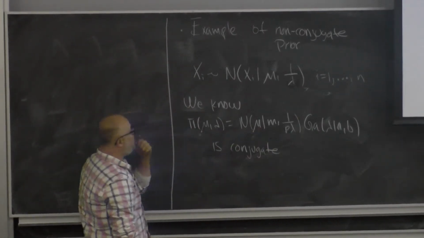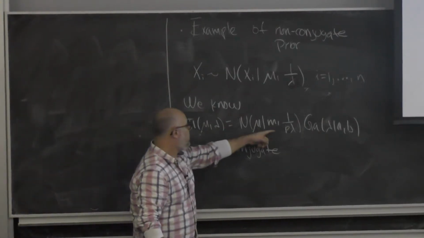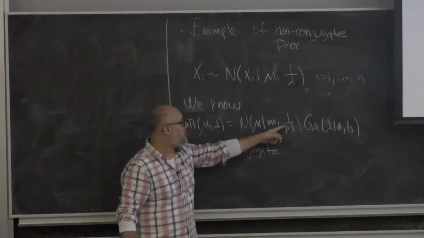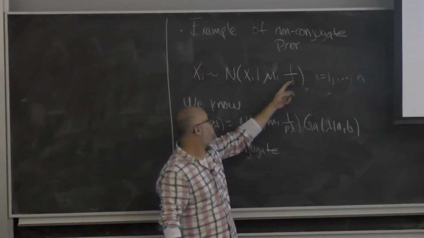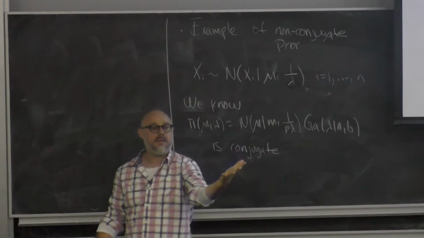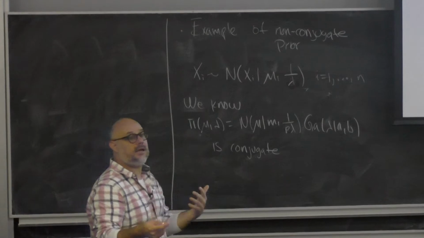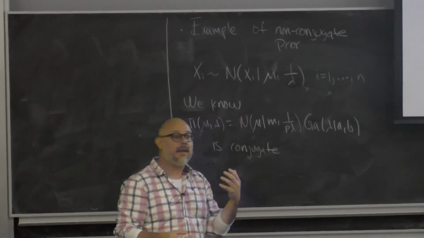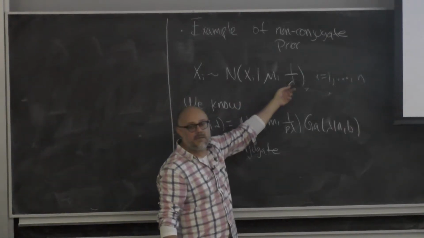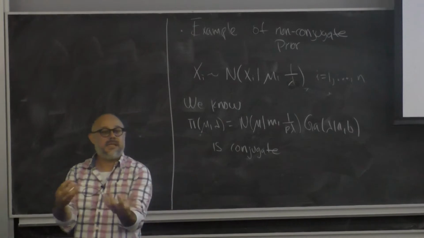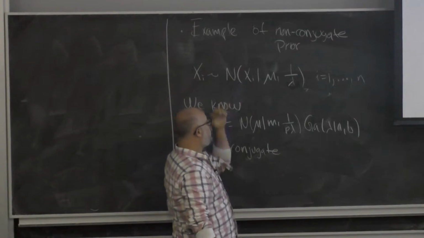We've proved that. Now, the problem with this prior structure is that a priori, we are assuming that our knowledge of the precision of the mean is related to the precision of the measurements, which is not necessarily always the case. The mean of any distribution need not be related to the precision that we have for measuring that variable.